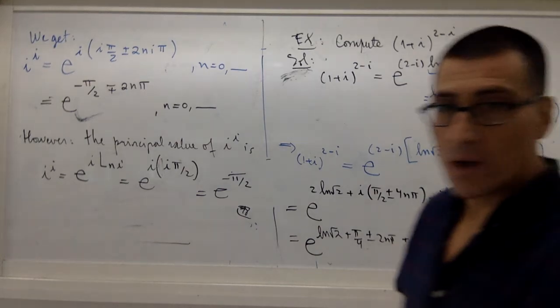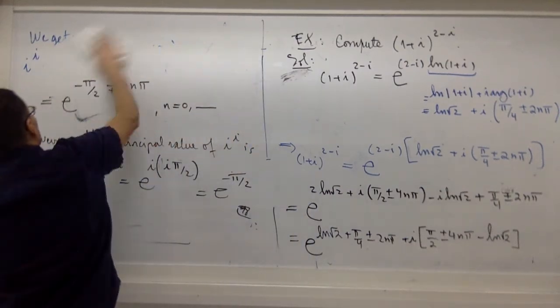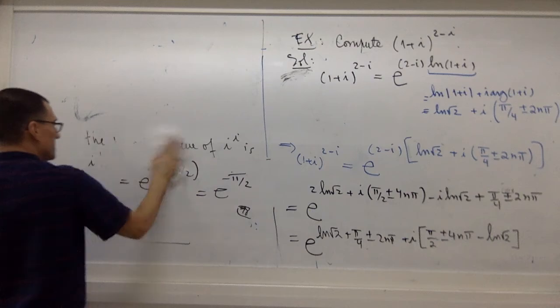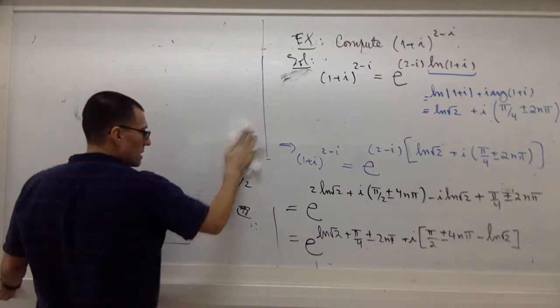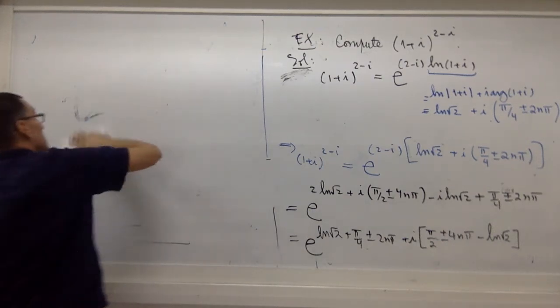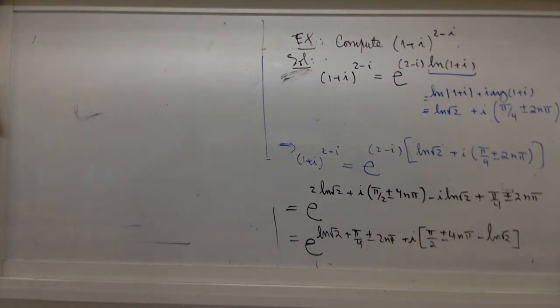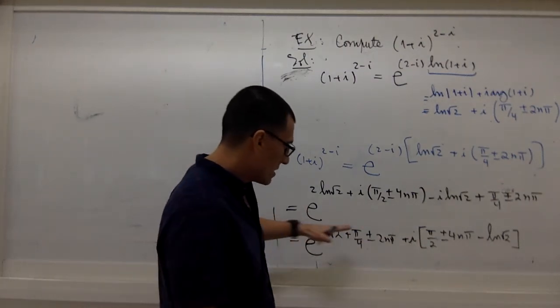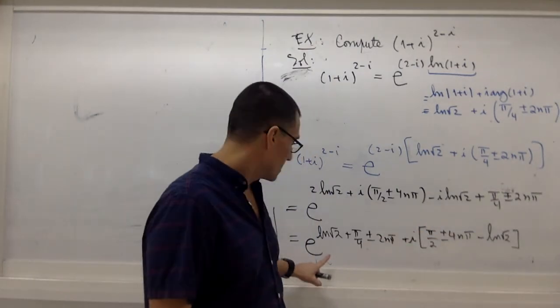So what we can do is utilize Euler's formula there. This is like a real part and an imaginary part in one exponential.